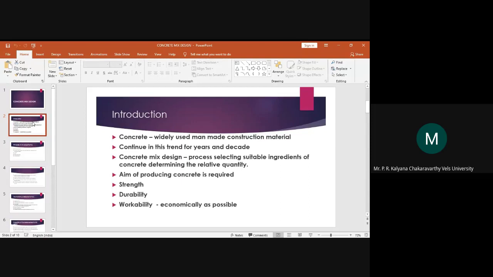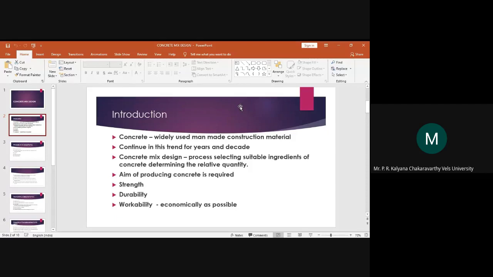The objective of producing fresh concrete is to achieve strength, durability, and workability. Once again, you have to achieve the strength after curing, after it becomes hardened concrete, as per the mix design, and also durability in the long term, and workability.